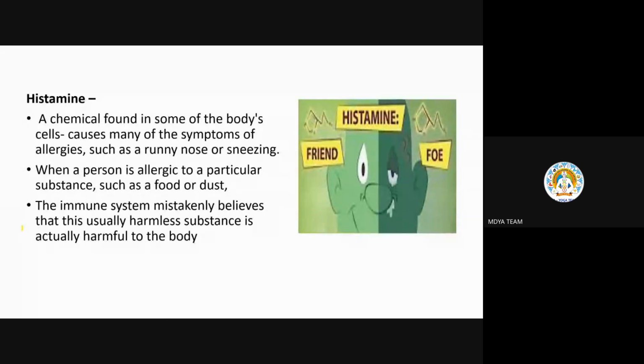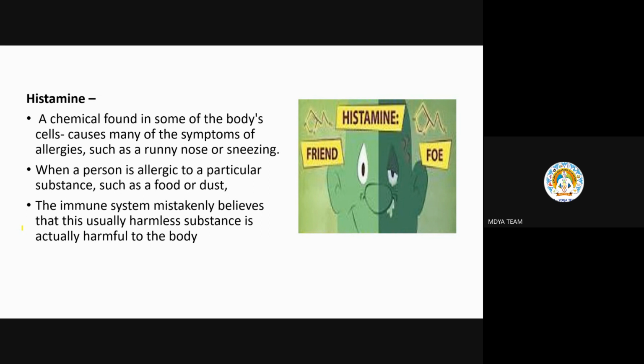So what exactly I say, I will repeat this. When our immune system is not that strong, or immature, whenever these tiny particles, allergens, enter our body, which are not exactly harmful, our immune system wrongly understands them as harmful for us.